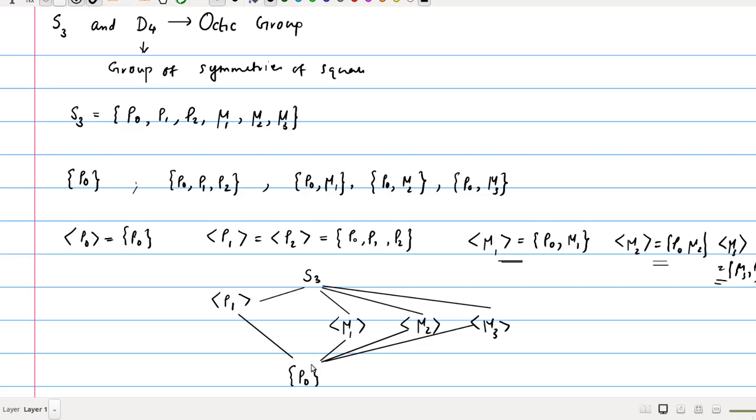We are not joining these two, S3 and rho naught, because they are not in consecutive levels. Once you place all the subgroups in this manner, it's called the subgroup diagram. Sometimes this is called a Hasse diagram.